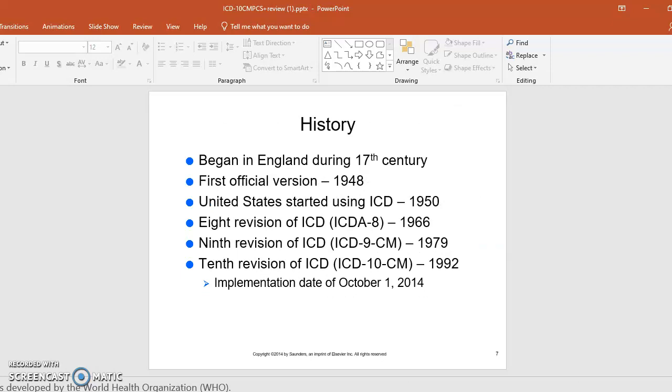Quick history: you've heard me talk about ICD-9, but even before that there was a version in 1948 of ICD, International Classification, then the 8th revision came in, and in 1979 we had ICD-9. They did a revision to ICD-10, which wasn't implemented until October 1st of 2014, so this will be just hitting 5 years.